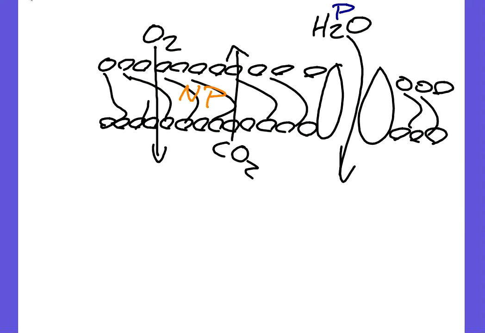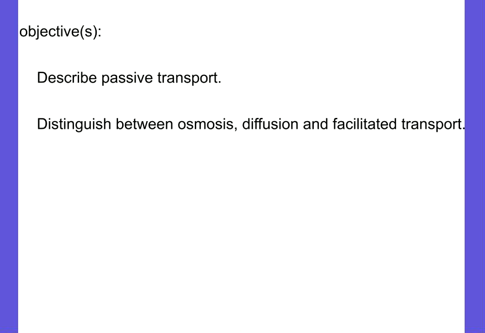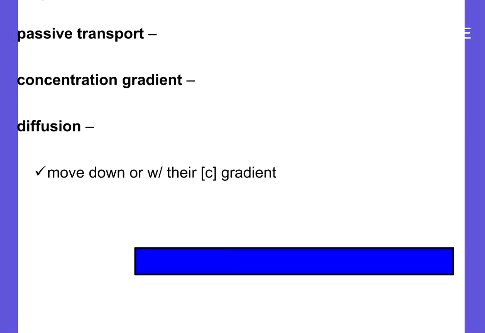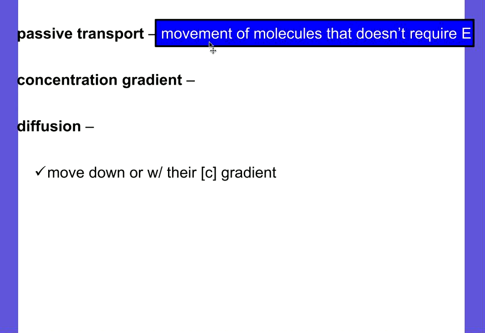It just happens automatically. So they're all forms of diffusion. They're all passive transport. So where are we? Way over here. Okay, so we need to know what passive transport is. It's movement of molecules that does not require energy.